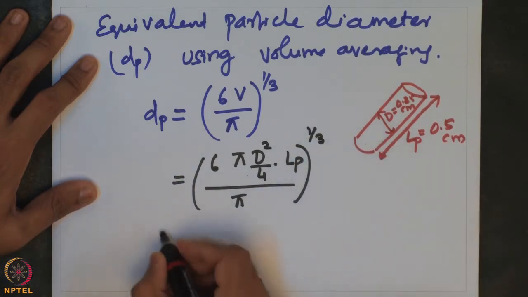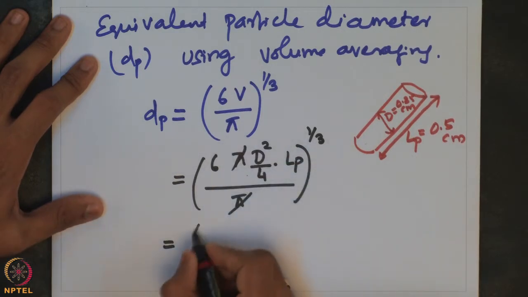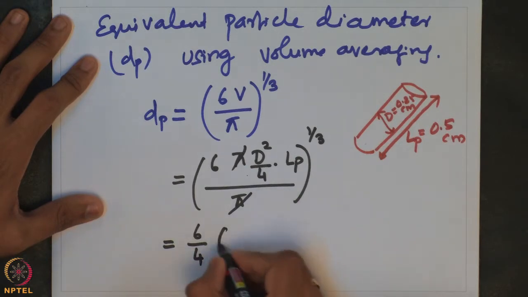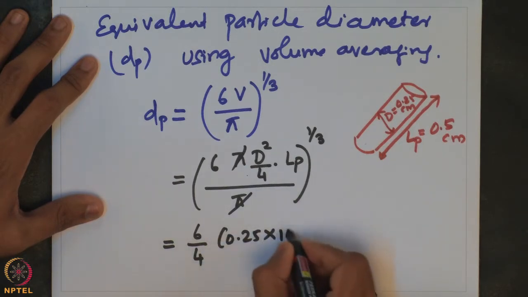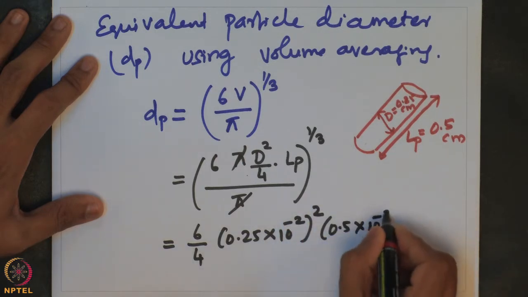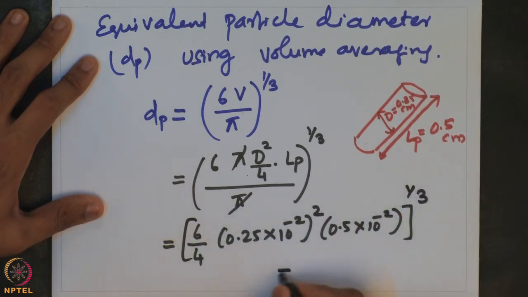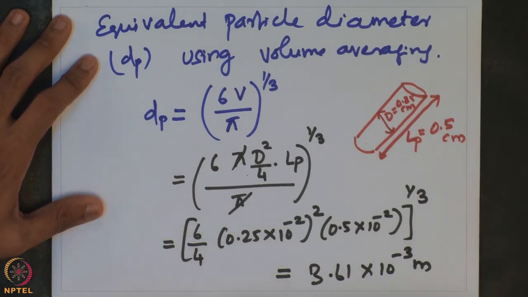We can now substitute these numbers. So pi will cancel out. It will essentially be 6 by 4 into 0.25 into 10 power minus 2 squared into 0.5 into 10 power minus 2, that raised to the power of 1 by 3. That is essentially equal to 3.61 into 10 power minus 3 meters. So the equivalent particle diameter for the cylindrical catalyst pellet considered in this problem is 3.61 into 10 power minus 3 meters.